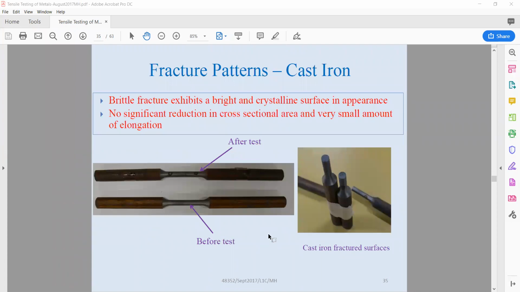If you see cast iron, you hardly see elongation, and there is almost no reduction in area, it just snaps. Brittle fracture exhibits a bright and crystalline surface in appearance, with no significant reduction in cross-section. It is almost difficult to see physically the change in diameter.